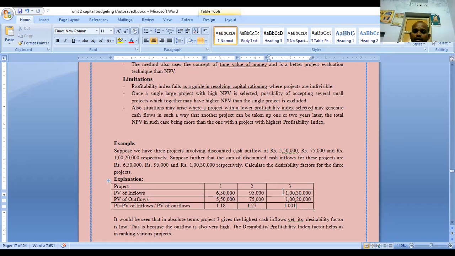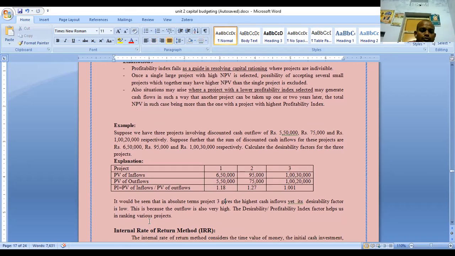Here the amounts are bigger, but the difference is only 0.001. So it would be seen that in absolute terms project 3 gives the highest cash flows, but its desirability factor is low.